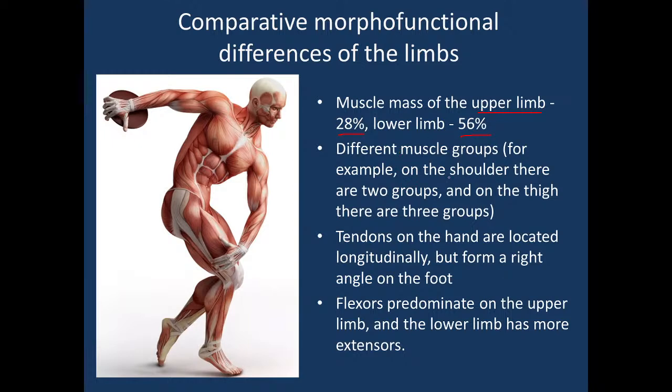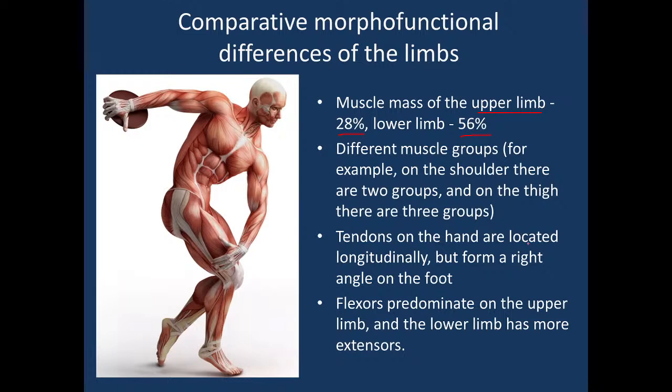It means that lower limb muscles are two times bigger and more massive than upper limb muscles.